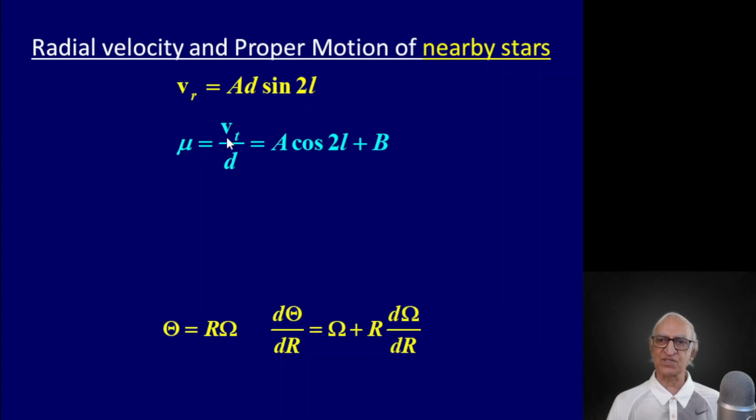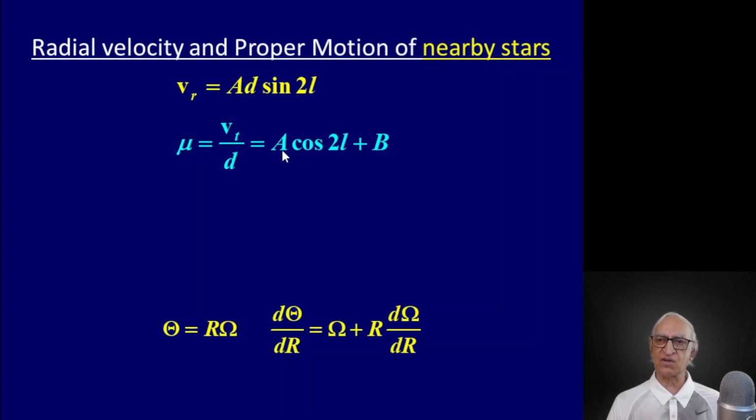Similarly, the transverse velocity, or the proper motion mu, which is the transverse velocity divided by the distance to the star, is given by A cos 2L plus a second constant B. So A and B are Oort's constants.